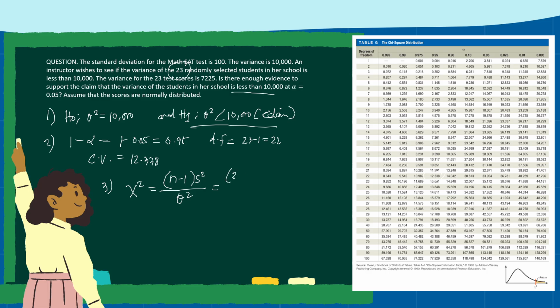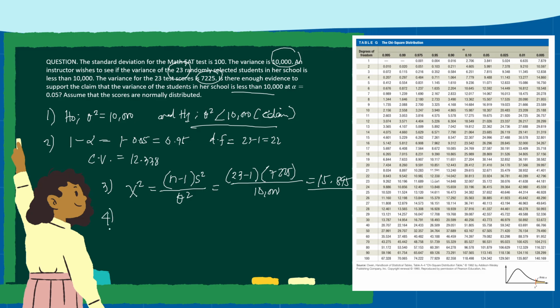So that's 23 minus 1 times the sample variance, 7225, the variance of the 23 test scores, over the population variance, 10,000. Then you plug that into your calculator, and it results in 15.895. So this is our chi-square test value.